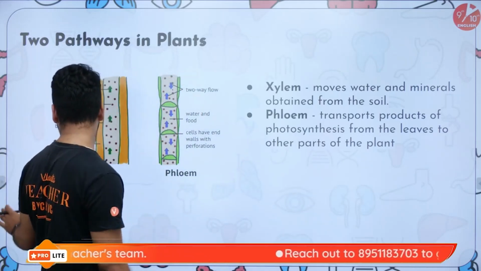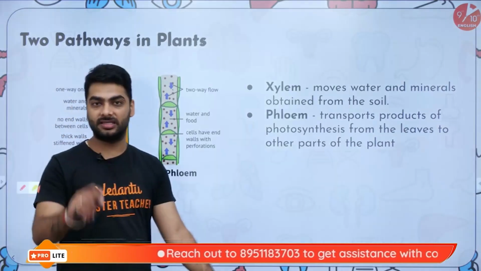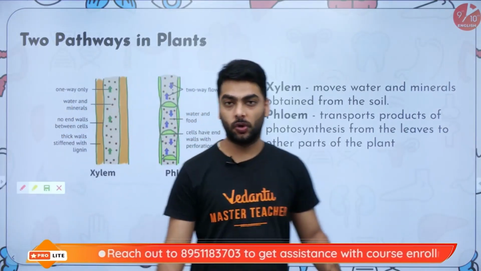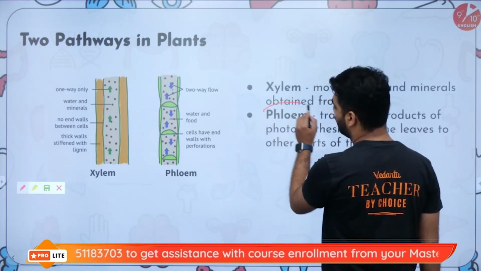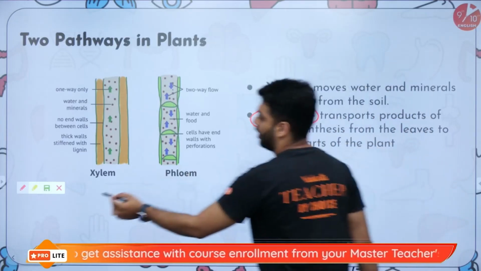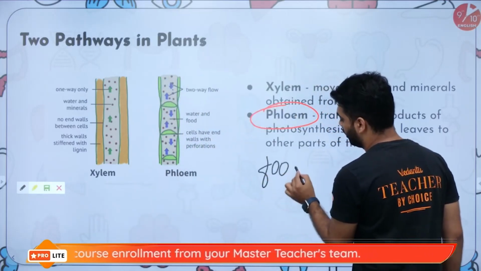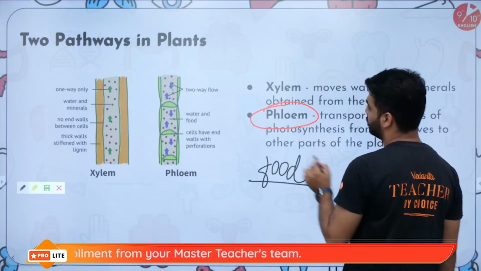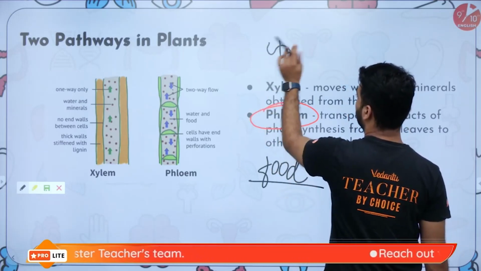Now when I talk about an easy way to remember xylem and phloem, here is the trick that I am giving you. Remember that from fur we have got phloem and from fur we have got food, right? So I know this is an English channel, but the basics of Devanagari we all know.